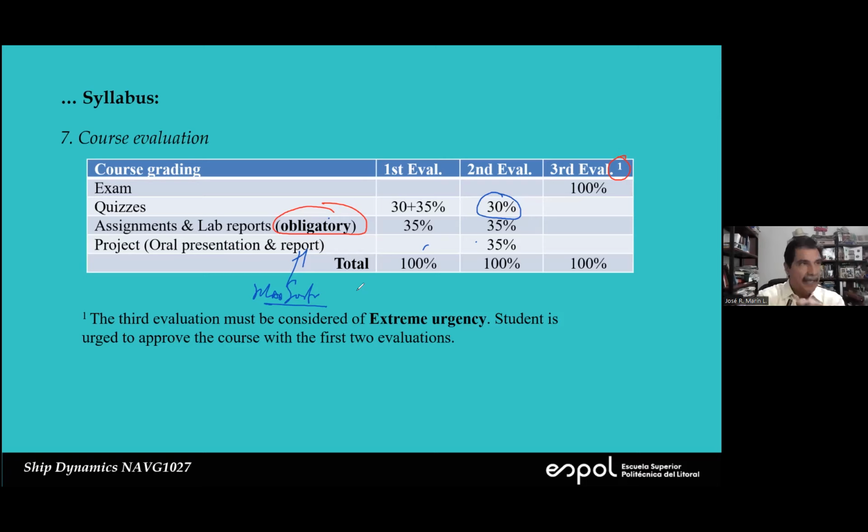Don't think that you turn it in and they will tell you, please correct this, please correct that. No, there are no second opportunities. If you are not responsible for a stability analysis, that ship may capsize. People will die. What are you going to say after that? So that's why there are no second opportunities in this class. If you don't have the time, come back next year.